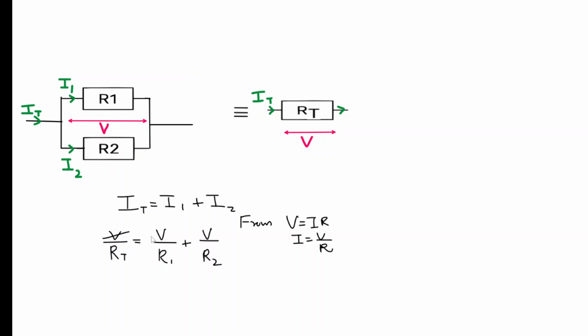Now, like before, the V can get cancelled out and I get the formula 1 over R total is equal to 1 over R1 plus 1 over R2.